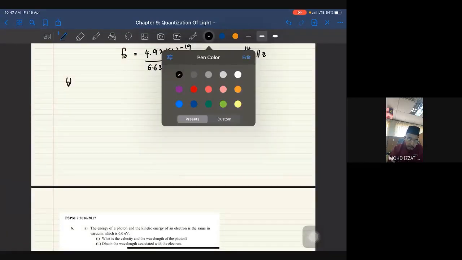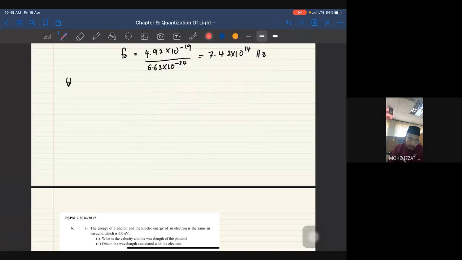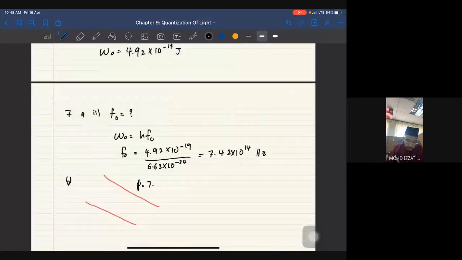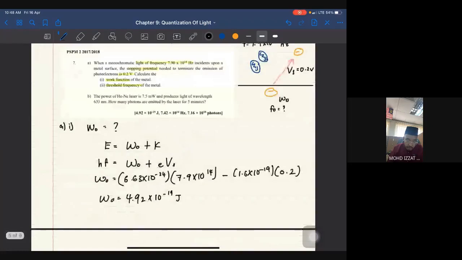So you have a beam of a laser. Okay, so the power is equals to, berapa power dia? 7.5 milliwatt. Okay, the time is 5 minutes.